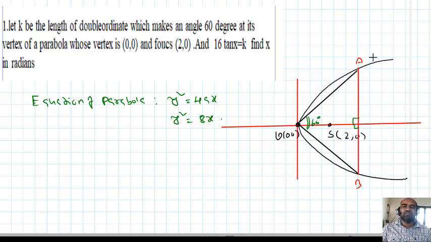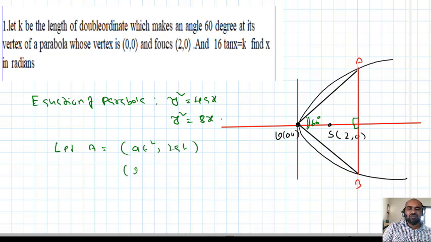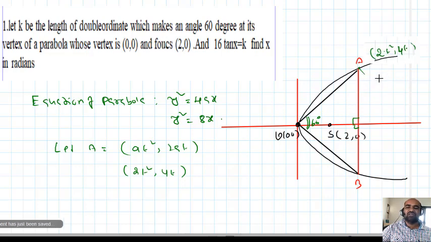Now I want to take the coordinates of A in parametric form. Let A equal to (2t square, 4t), since a is 2. This point is in the first quadrant, and this is the origin.